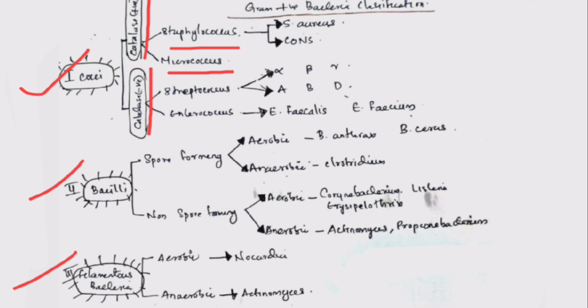Within Staphylococcus, we go one step further with the coagulase test. If the test is positive, we identify it as Staphylococcus aureus. If the test is negative, then it belongs to the coagulase negative Staphylococci, or CoNS, which mainly include three types: Staphylococcus epidermidis, Staphylococcus saprophyticus, and Staphylococcus lugdunensis.